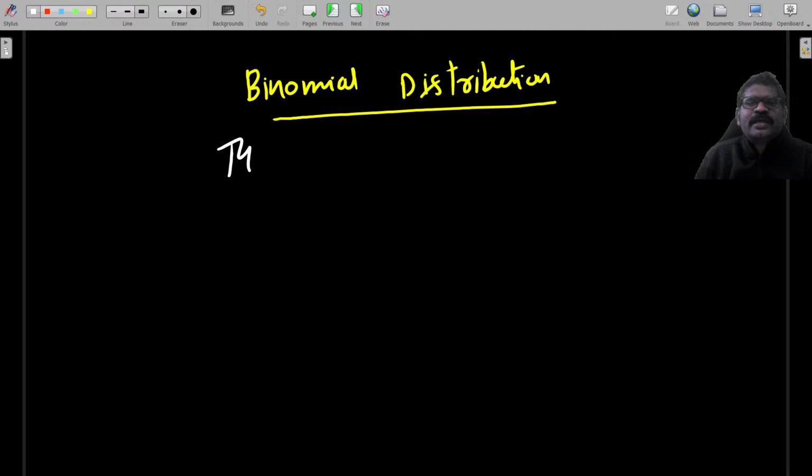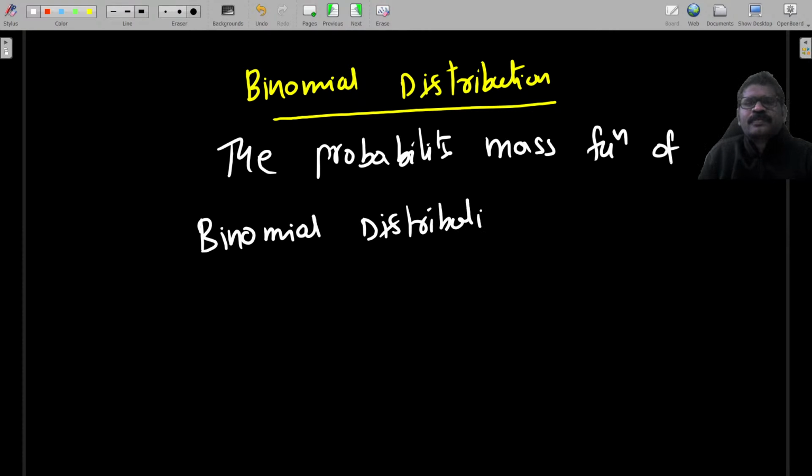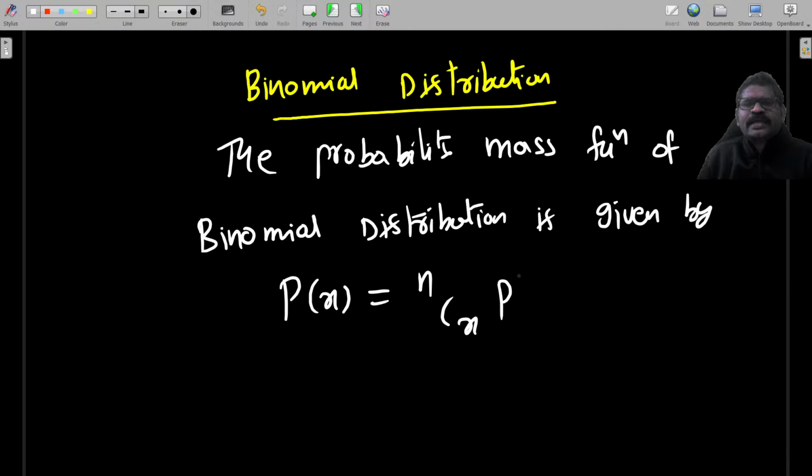The probability mass function of binomial distribution is given by P of x equal to nCx p power x q power n minus x.